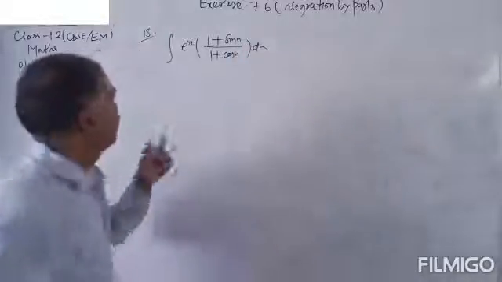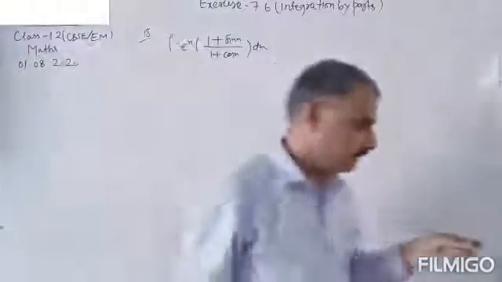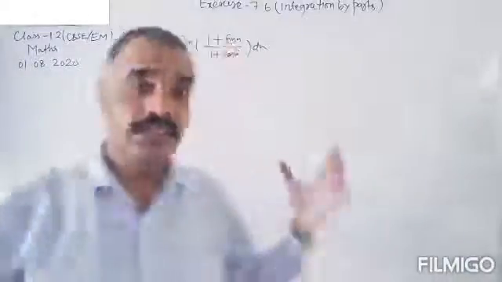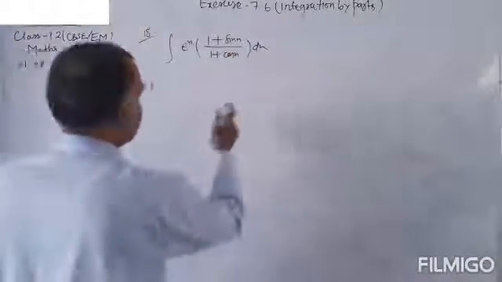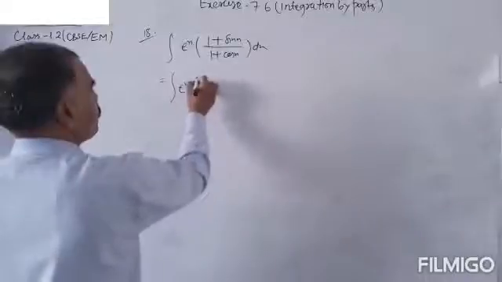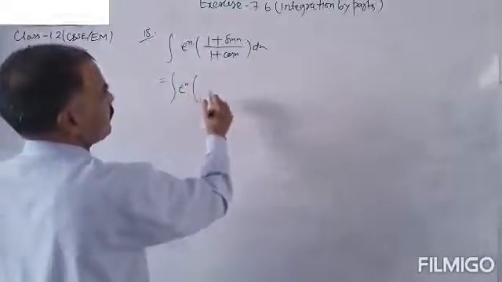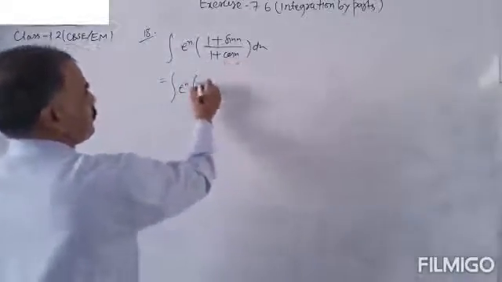This is the integrand which we want to integrate. So this is equal to e to the power x times 1 plus sin x upon 1 plus cos x.